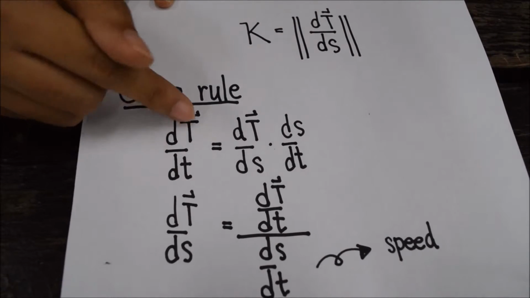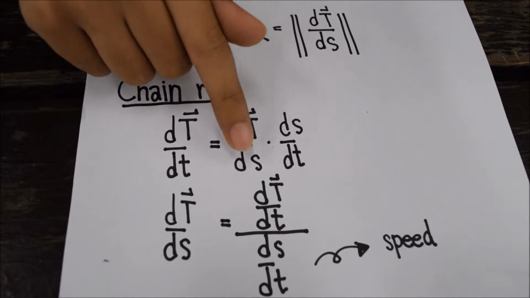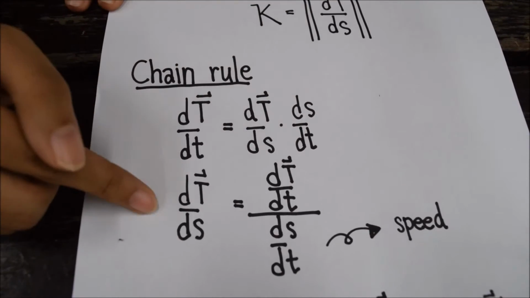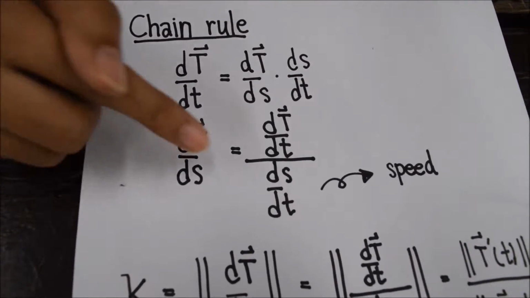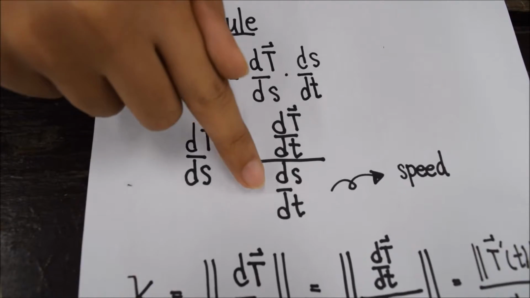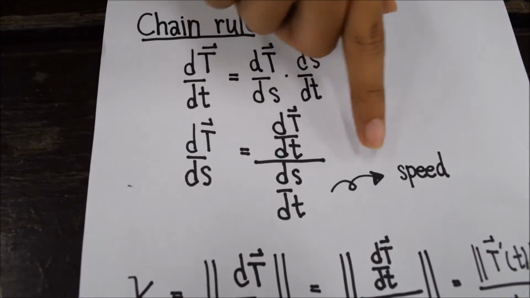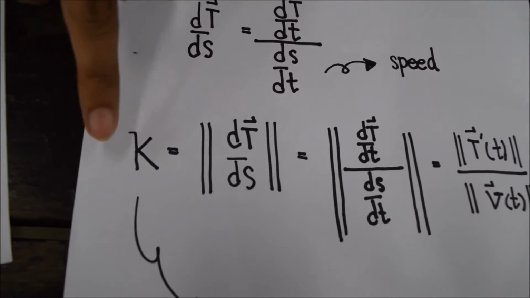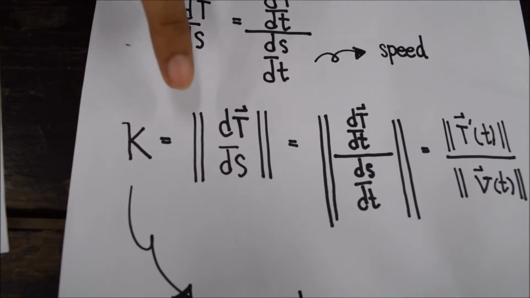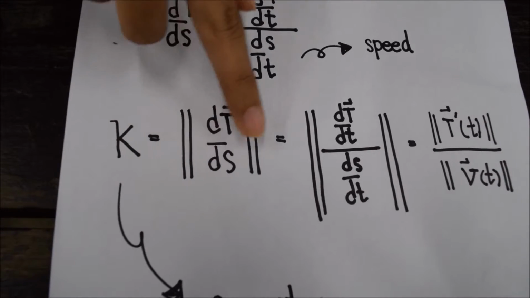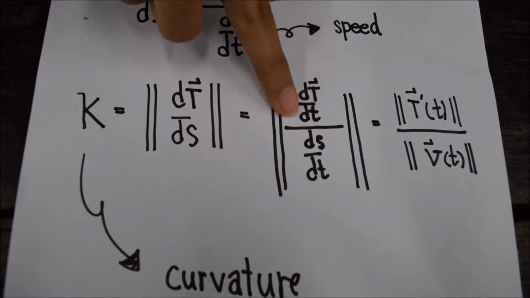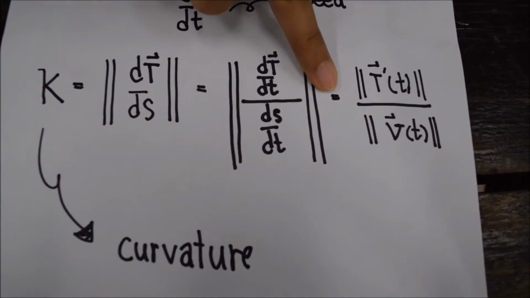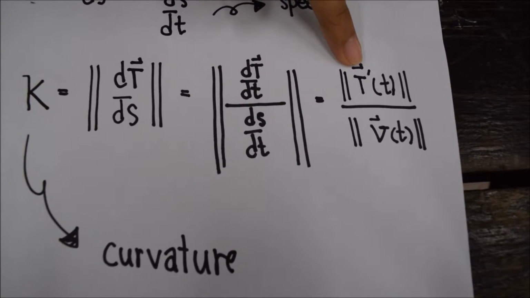We take dT/dt equals dT/ds times ds/dt, and then we rearrange it into this form, and we can see that the denominator of this form is the speed. So kappa equals the magnitude of dT/ds, which equals the magnitude of dT/dt divided by ds/dt, and this equals the rate of change of T divided by the speed.